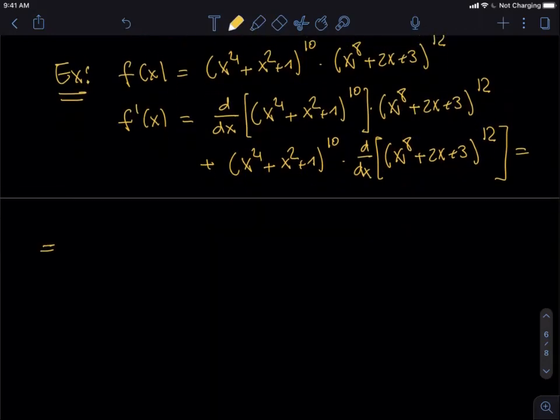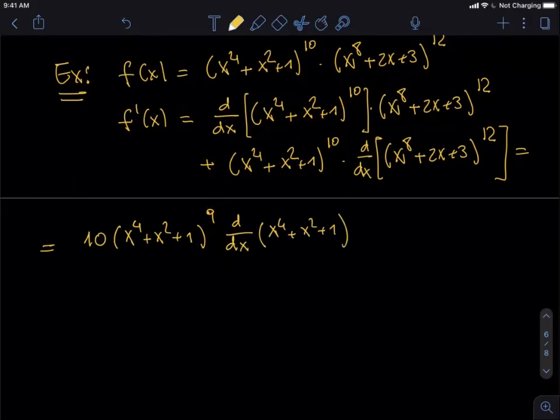So then the first derivative here is something to the power 10. So the outside function will be the power 10. So this is 10 times the base to the power 9, the base is x to the power 4 plus x squared plus 1, and then times the derivative of the base, correct?